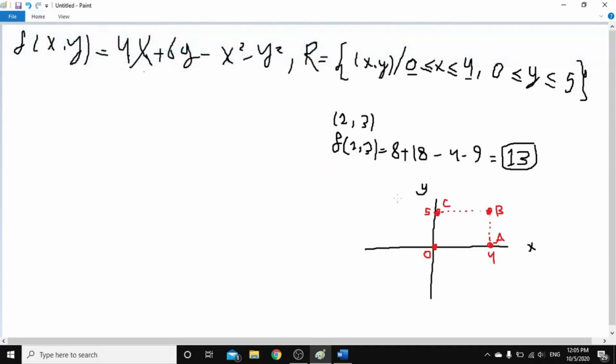Okay, so let's start from O to A, on this line.